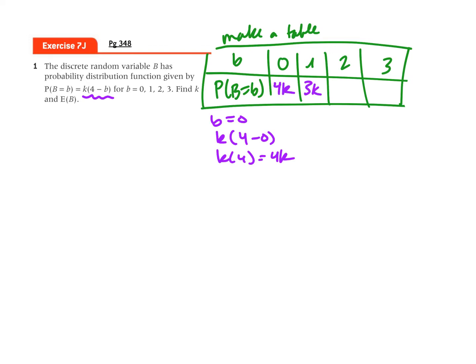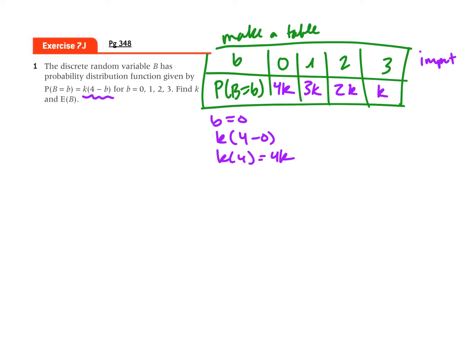B equals 1, 3k. B equals 2, 2k. 3, 1k. When you plug in, right? So this is like our input. Okay, so that's my table.